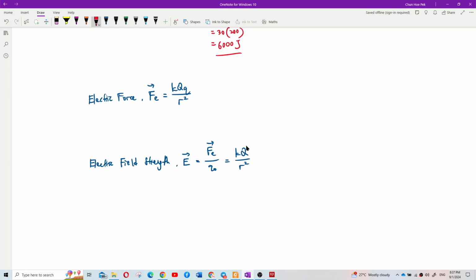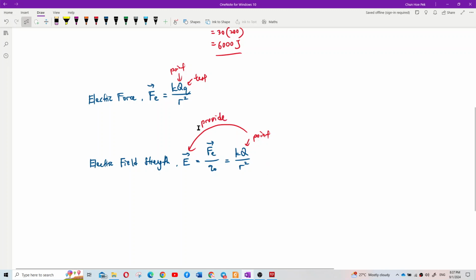So you learn that for force, it involves the point charge and the test charge, considering both charges. But for electric field, only the point charge provides the electric field, and we divide by the test charge.